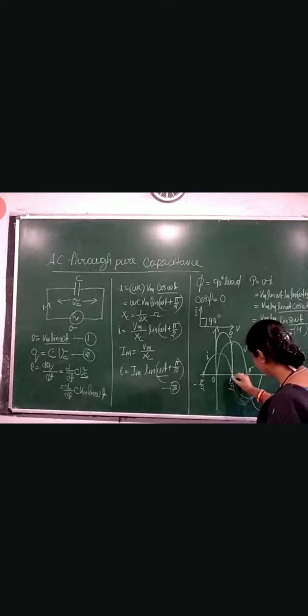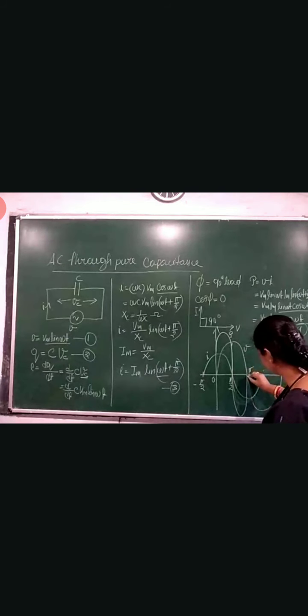Now within the period 90 degree to 180 degree, you have seen here voltage is positive but current is negative. So the waveform for power is negative, because the product of plus and minus is minus.